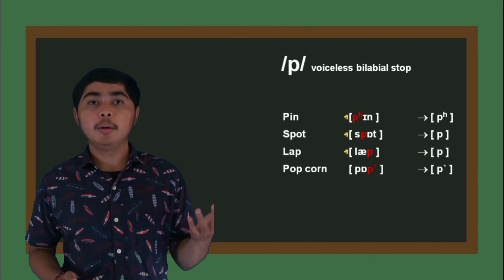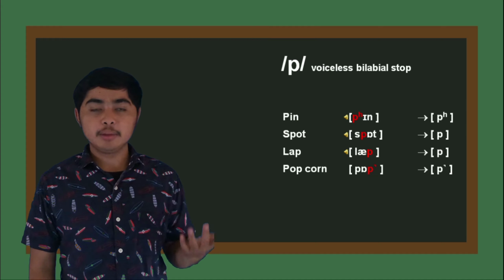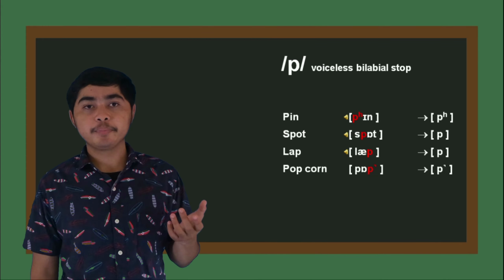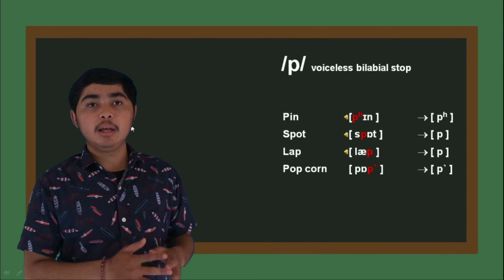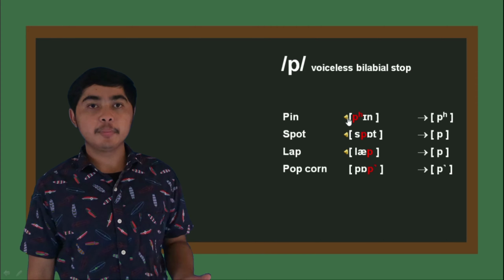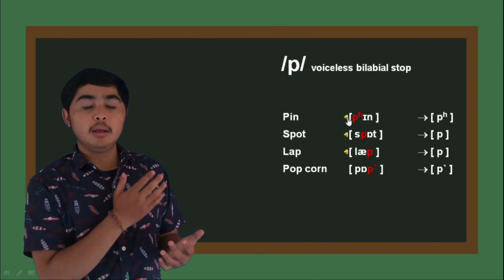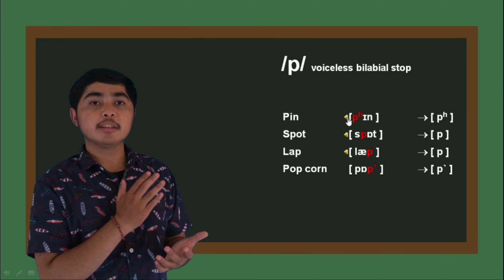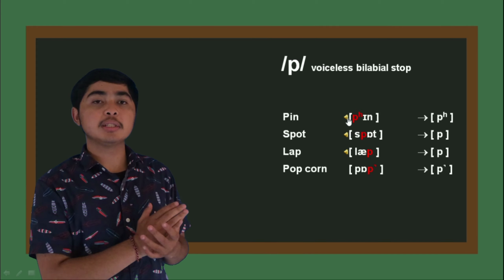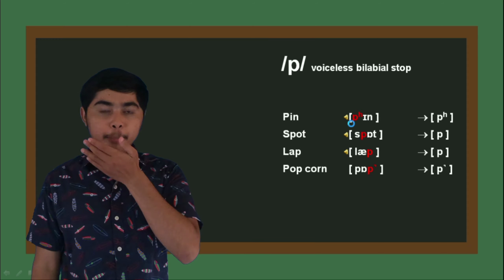Okay, right now for this phoneme p, please also pay attention to the phonetic transcription. From this data, we can make a generalization about its distribution: this phoneme becomes aspirated when it appears in word initial position, just like in pin.